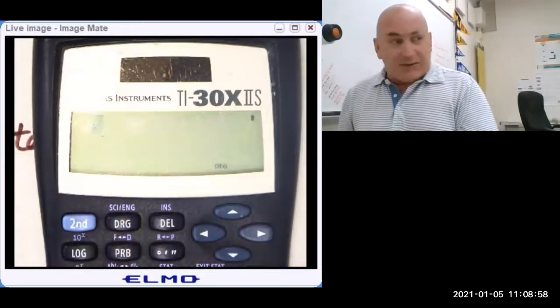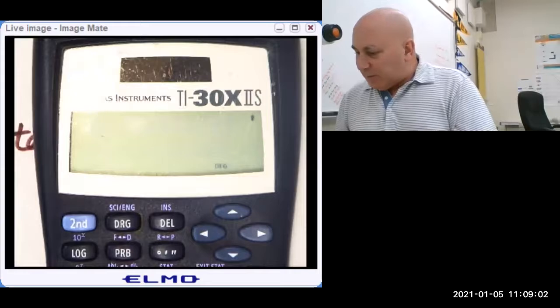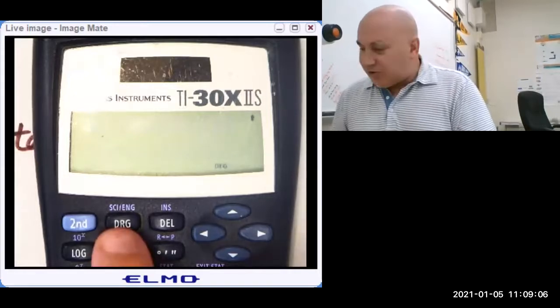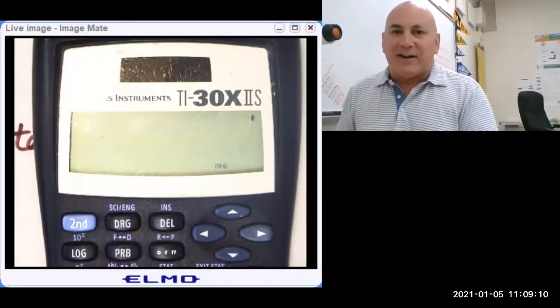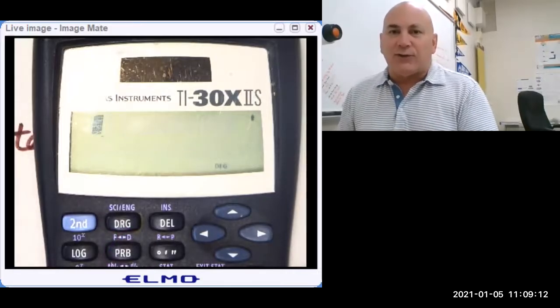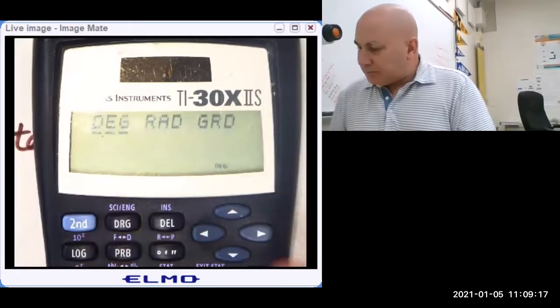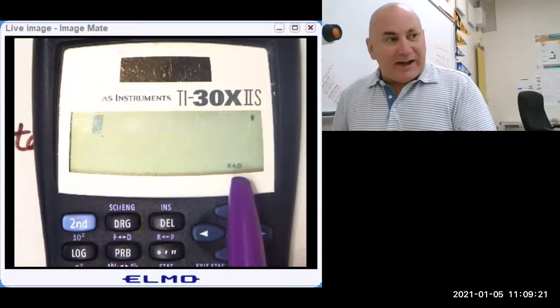That's great because this angle is 37 degrees. If we were measuring it in radians, I hit this DRG button. This is degrees, radians, and grads. Don't worry about grads. I don't think anybody uses grads anywhere in the world anymore. Now I'm in radian mode.